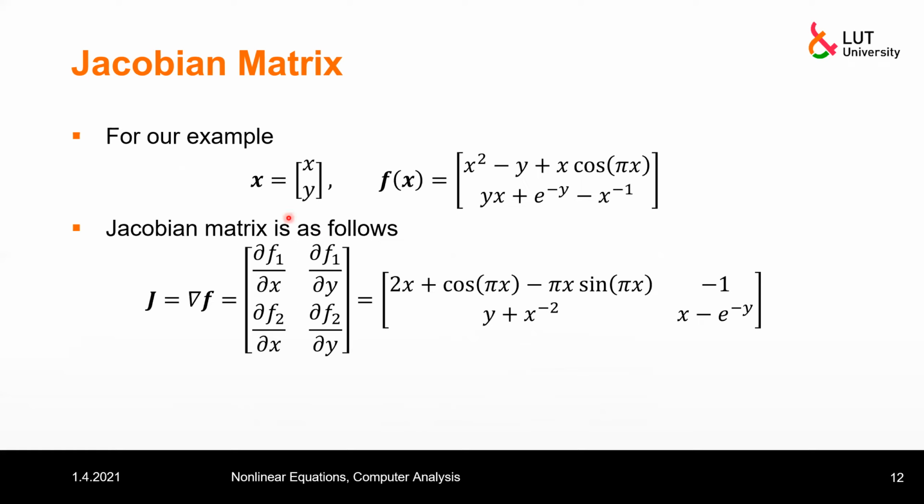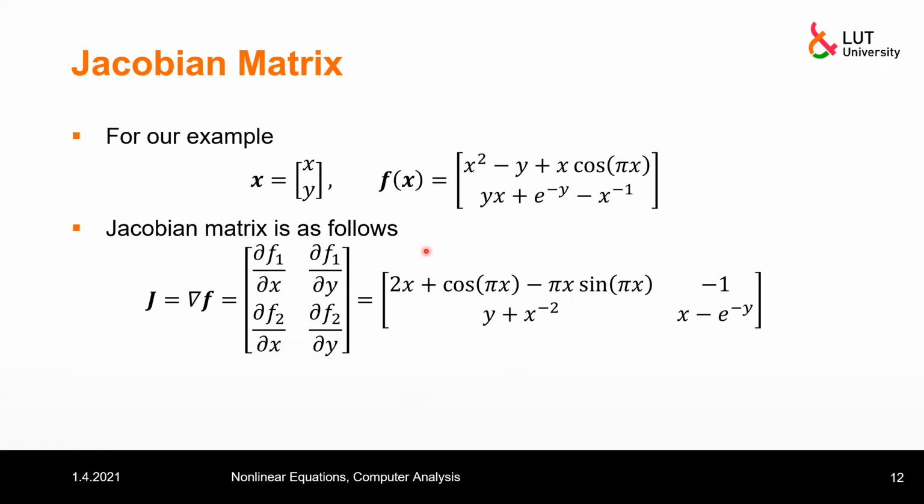So for our previous example, we have a vector of variables like here, and we have functions like that. To get this term, we simply take the first function and differentiate it partially with respect to the first variable.